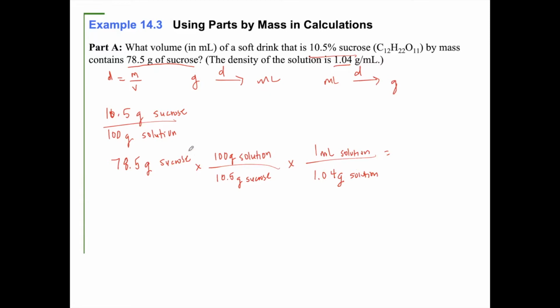We can cancel out grams of sucrose, grams of solution, and we're left with just milliliters of solution. So that would end up being 719 milliliters of solution, or of soft drink, right? Because a soft drink is a homogeneous solution. Not too bad, right?